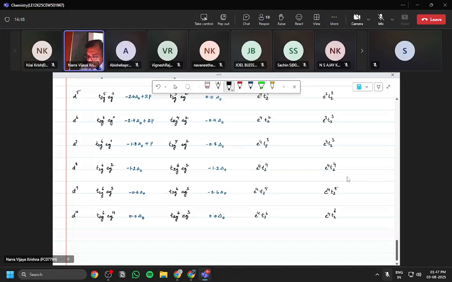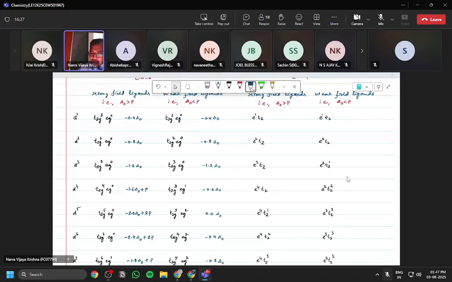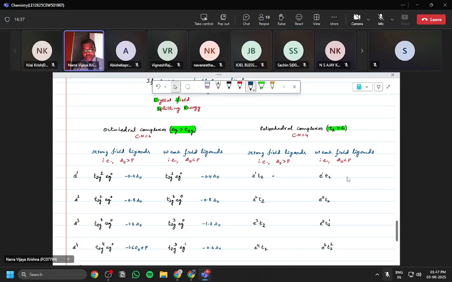Then give the value. I want everything in terms of delta naught. This is minus 0.4, or 0.6?